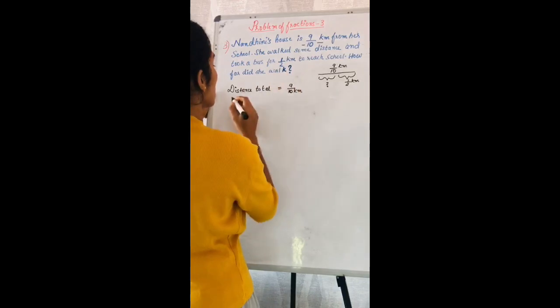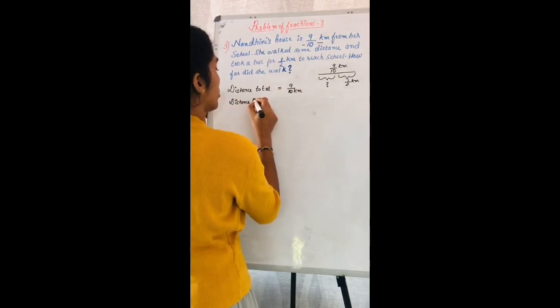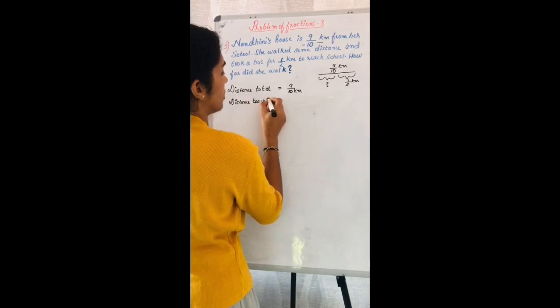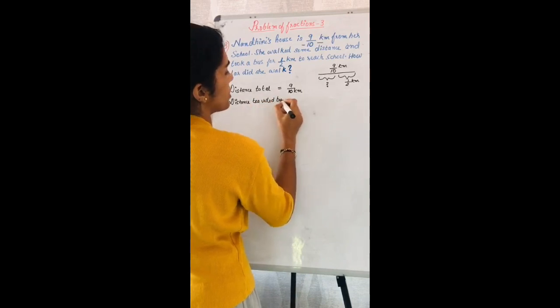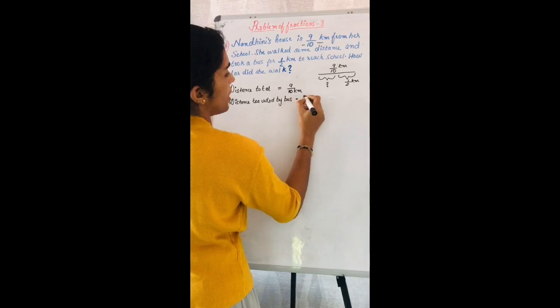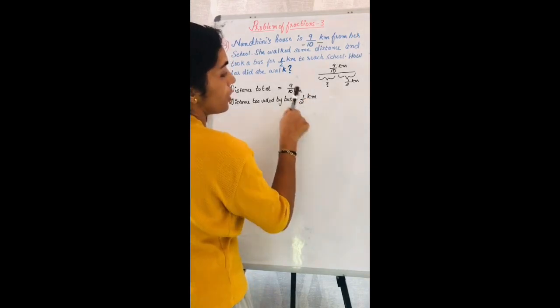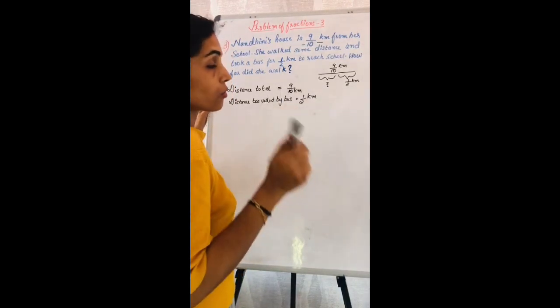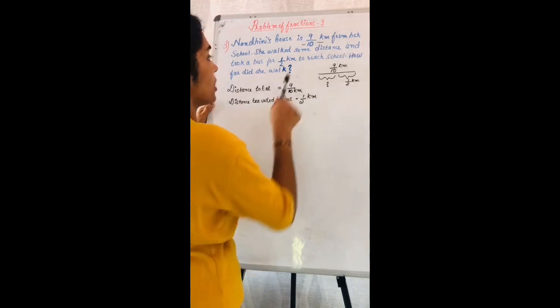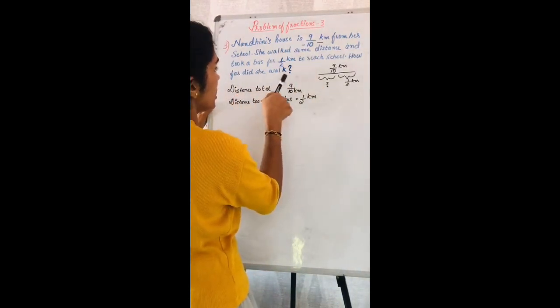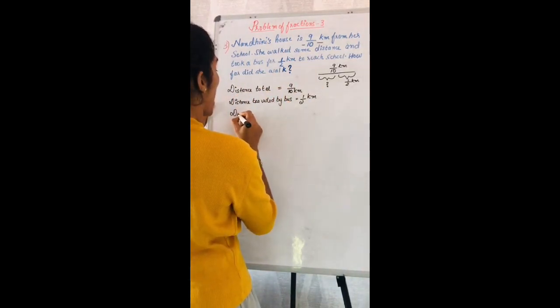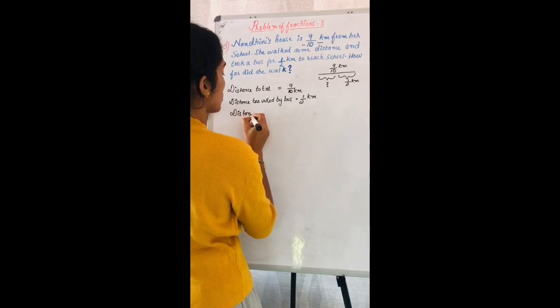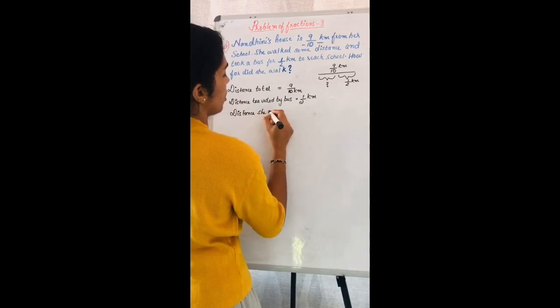She took the bus. So, distance traveled by bus, right? What is that? Half kilometer. You have to be careful that you should always write the units with these numbers. For that you always get marks. Next one, how far did she walk? So, we have to find distance she walked.